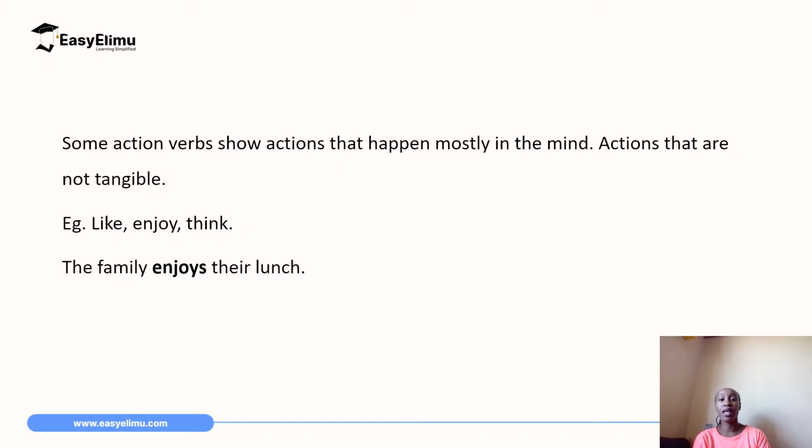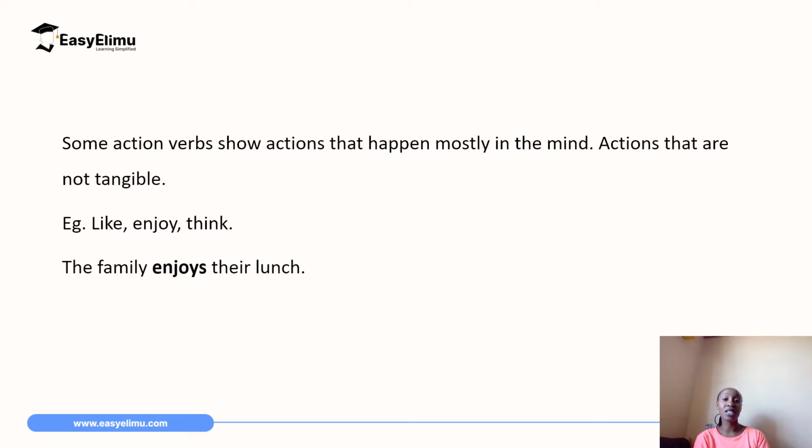Now, there are some actions that only happen in the mind. We can't see them, we can't touch them. They only happen in our minds. For example, if I tell you, I like your shoes.